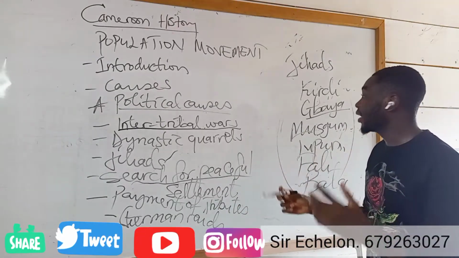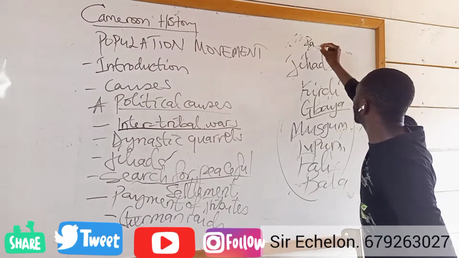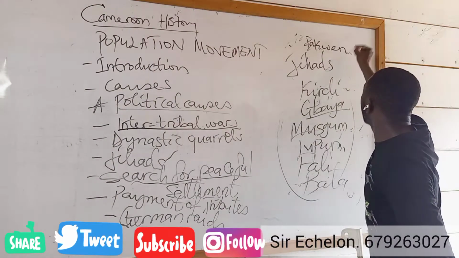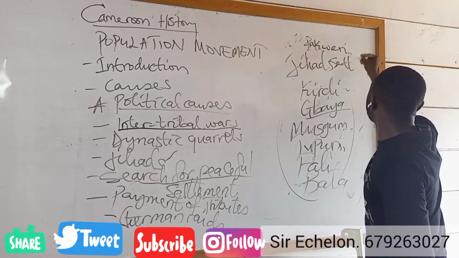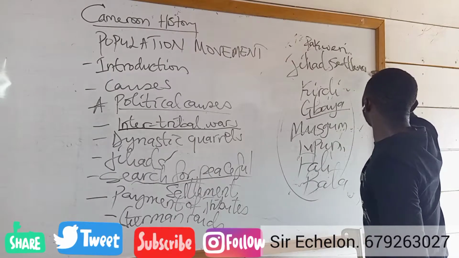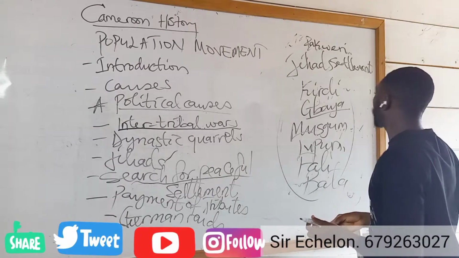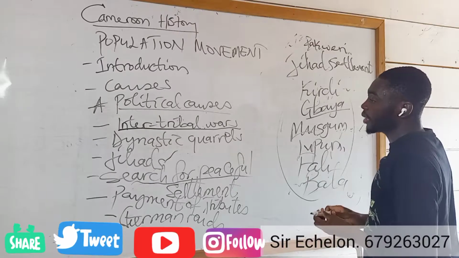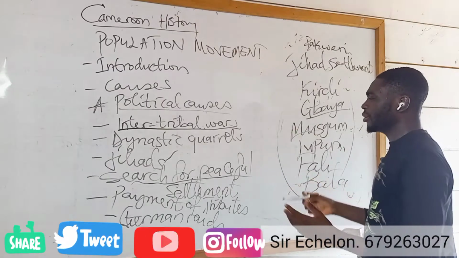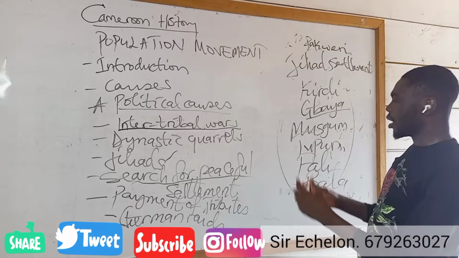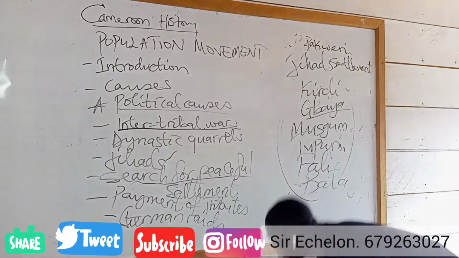We talk about the Barombi moving towards the slopes of Mount Fako because they needed peaceful settlement. That is an example of a tribe that migrated because it needed peaceful settlement.